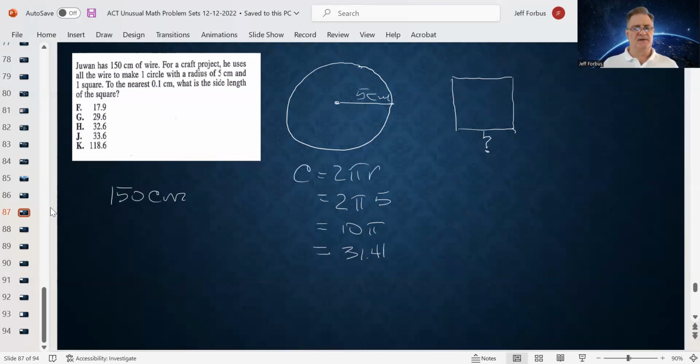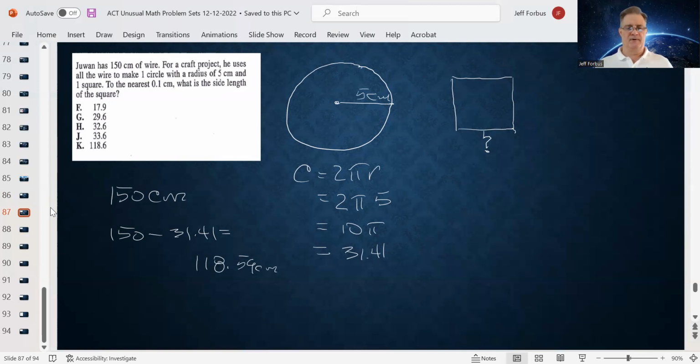Now, take that and subtract from 150. 150 minus 31.41 is going to give us 118.59 centimeters left to be distributed for our square.